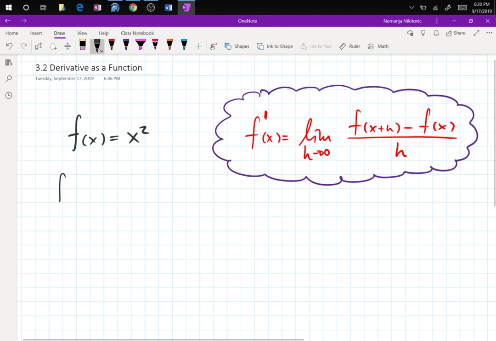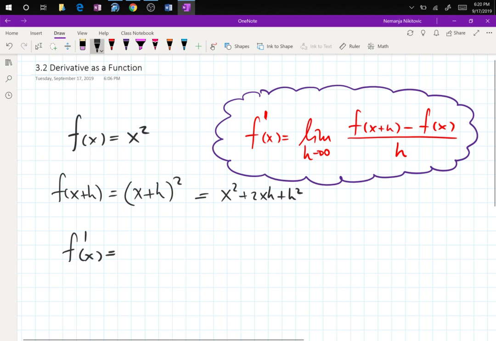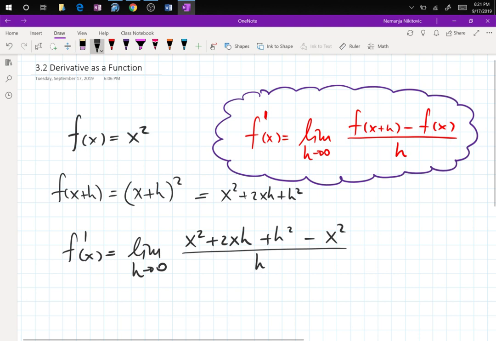So now, when I compare the formula and what I have over there, I see that I need to create f of x plus h first, and that is going to be x plus h everything squared, which when you FOIL, it's going to be x squared plus 2xh plus h squared. So now, the derivative f prime is equal to, we have our limit, h goes to 0, of x squared plus 2xh plus h squared minus f of x, which is just x squared, divided by h.